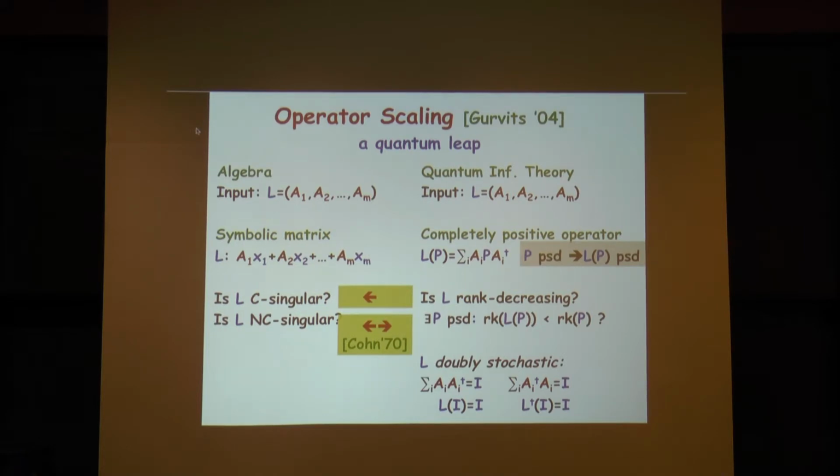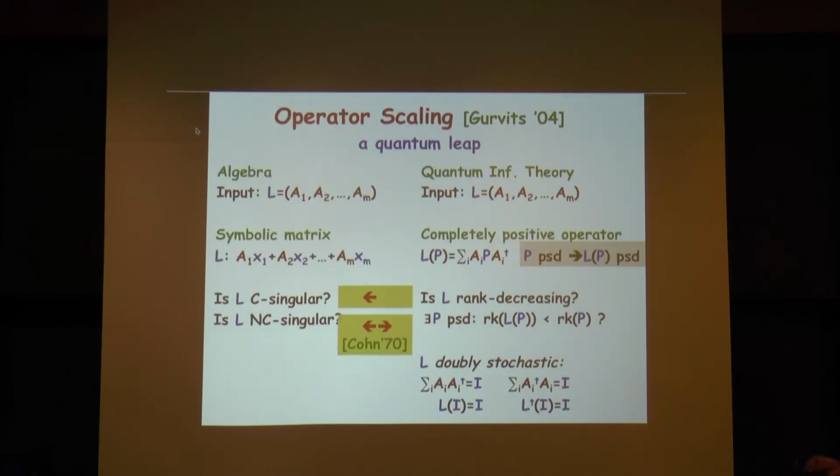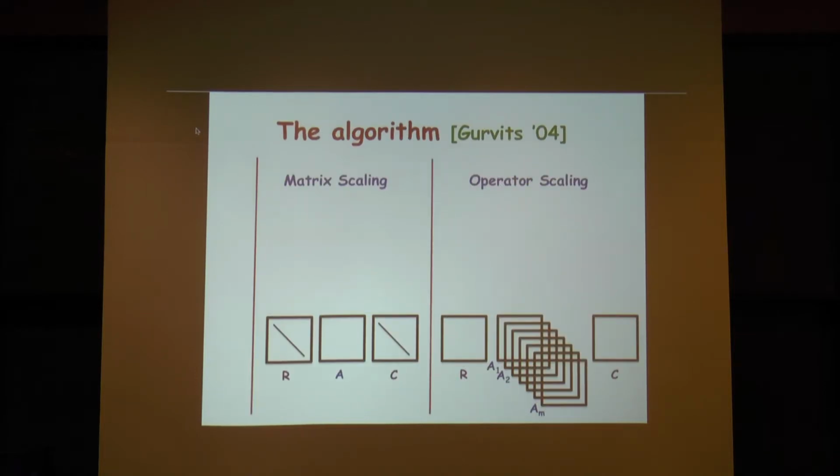Now, it was just a definition at this point, no algorithm yet. From a high-level point of view, towards the algorithm, this is the analogy between the two problems, matrix scaling and operator scaling. So we'll simply try to scale an operator like we scale the matrix. In matrix scaling, the input was a positive matrix.